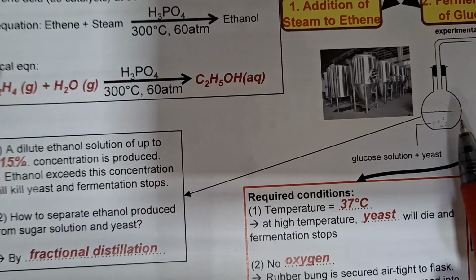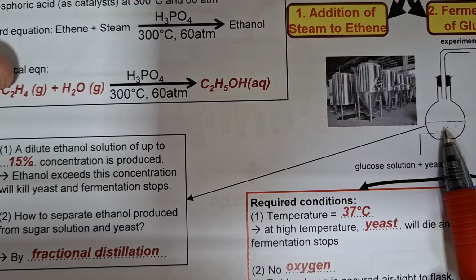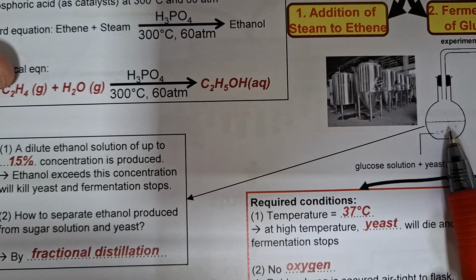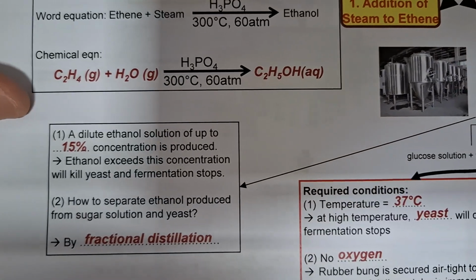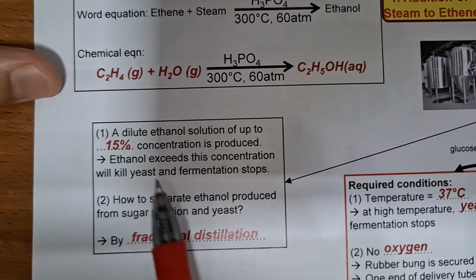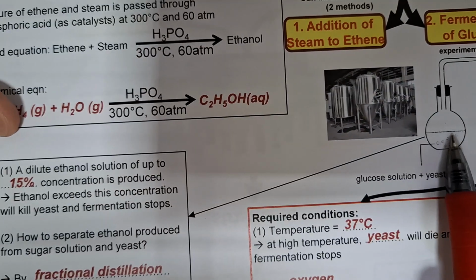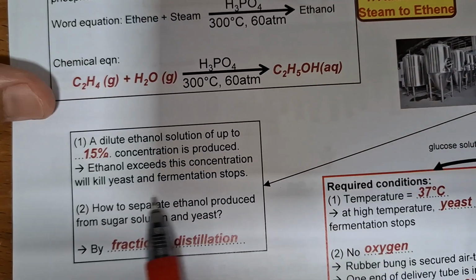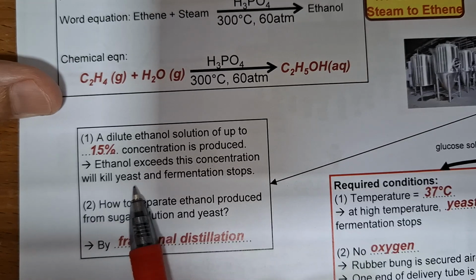Okay, as fermentation occurs, the concentration of ethanol in the flask will increase, and this concentration of ethanol cannot exceed 15%. So if the ethanol in the glucose solution here exceeds 15%, what will happen is that the fermentation will stop, because the yeast will be killed by the high concentration of ethanol.